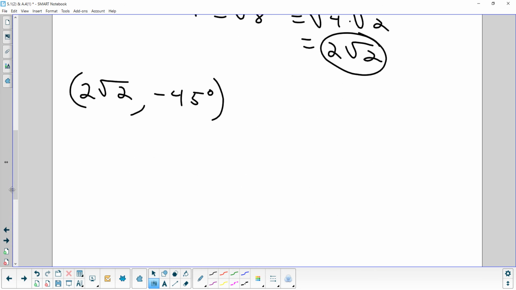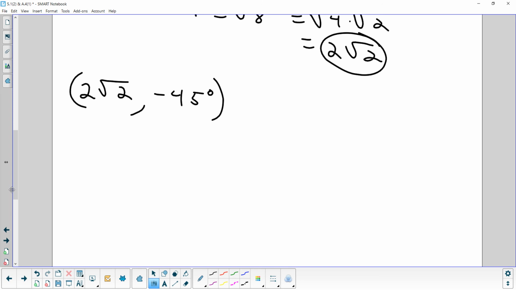What could you do to this angle to make it positive? Let's say instead of going clockwise, you're going to go all the way around counterclockwise. You want to remember how do we change that negative angle to a positive? Yeah, add 180. Adding 180 would only bring us partway around. It would bring us to a different spot.